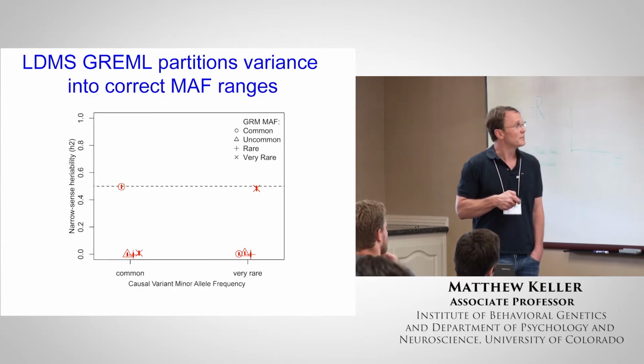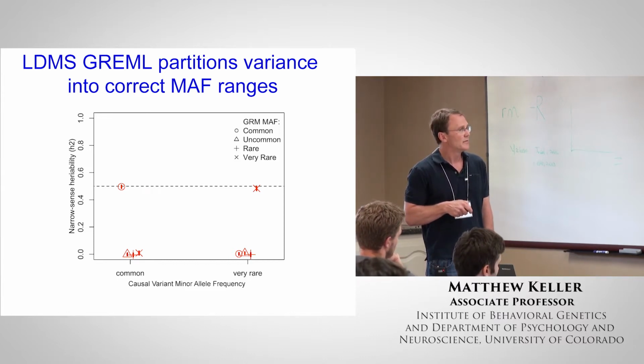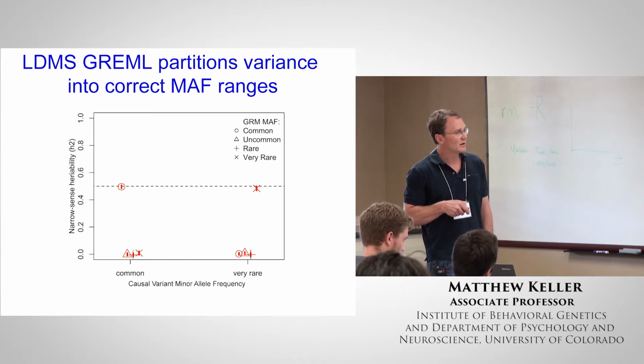We can also try to partition the variance into the different bins. This is just a very simple example of doing this. When we look at just the common causal variance, all those other bins basically explain 0 of the additive genetic variance, and only the common bin explains it all.